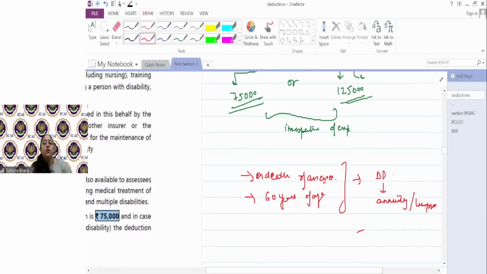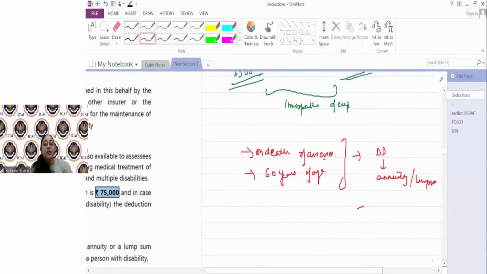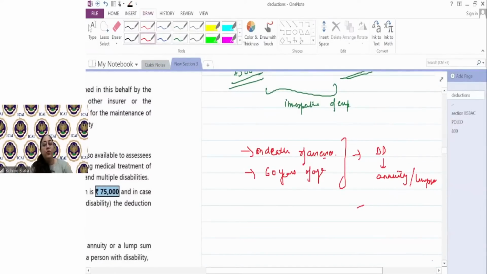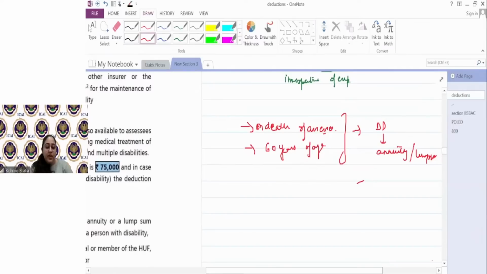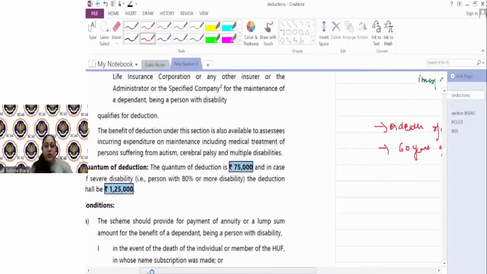Now the question comes: if an amount is received, what would be the taxability of it? If any amount comes on insurance, what would be the taxability of it?